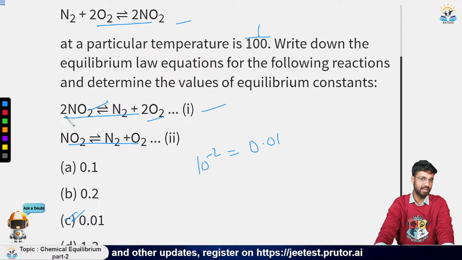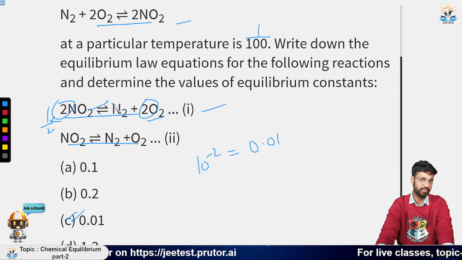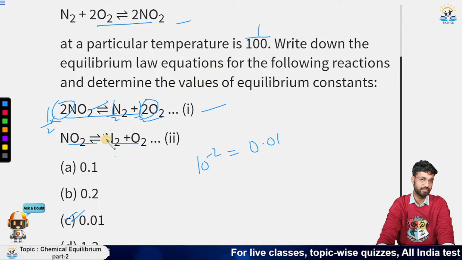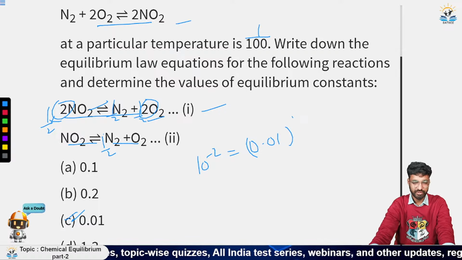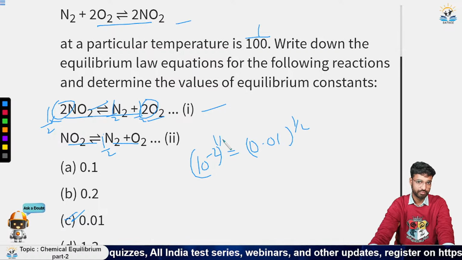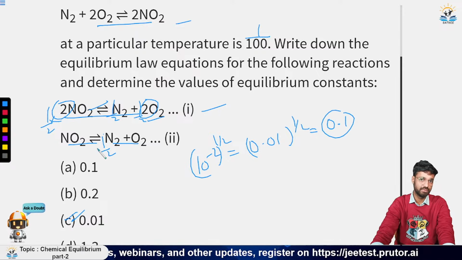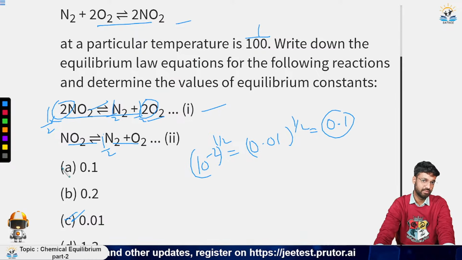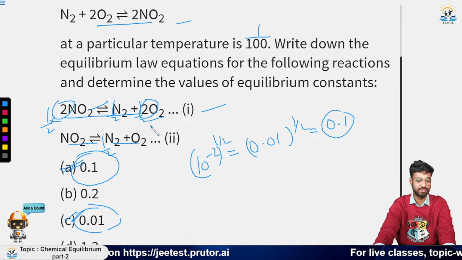If you multiply the whole equation by 1 by 2, then K will be raised to the power 1 by 2, so that will be equal to 0.1. So this is the correct answer. These are the two answers of this question.